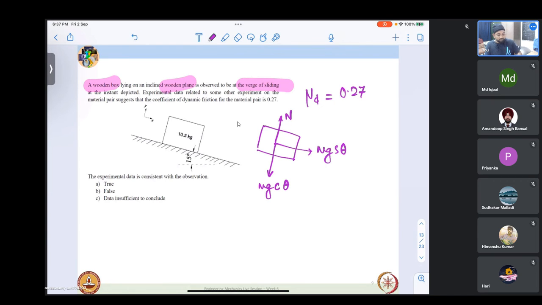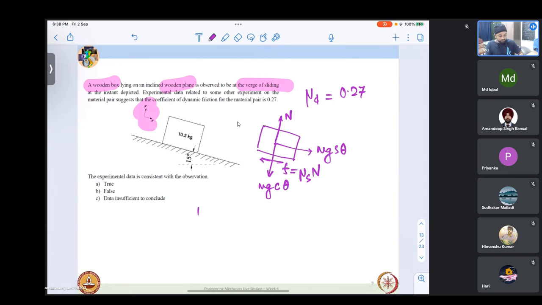Frictional force, because of its weight it will try to come down, so friction is countering it like that, and it is at the verge, so it is mu static N. So from the equilibrium along its axis, if we were to take x and y, which is already shown here, that x and y is aligned with the plane at 15 degrees.